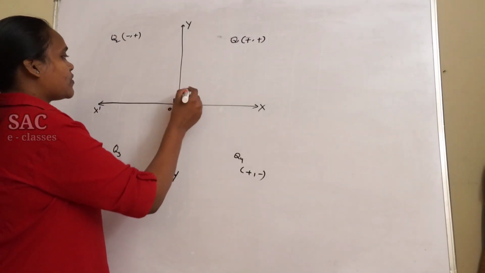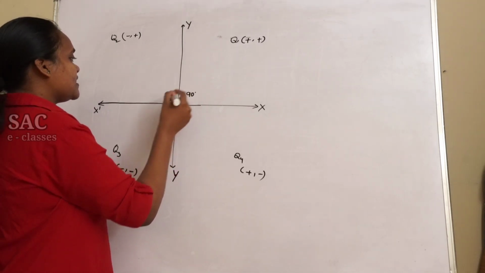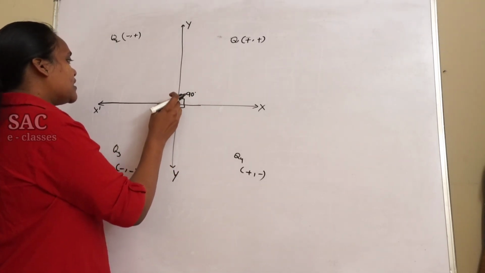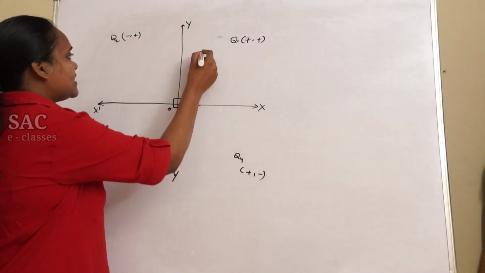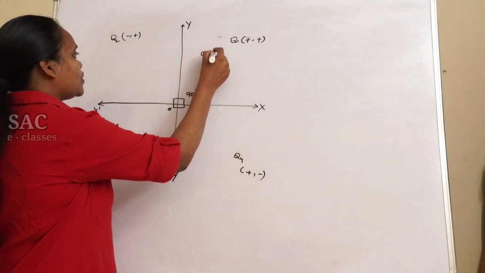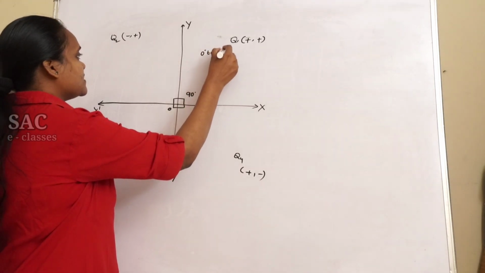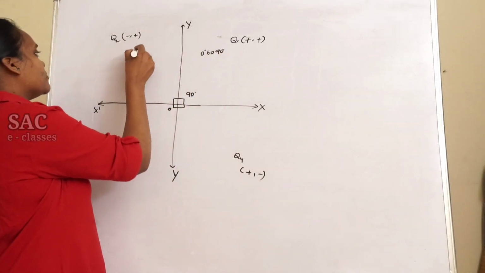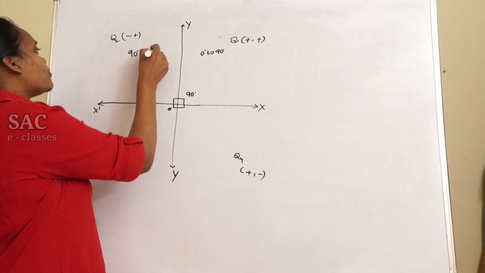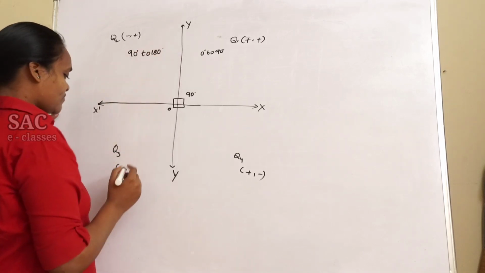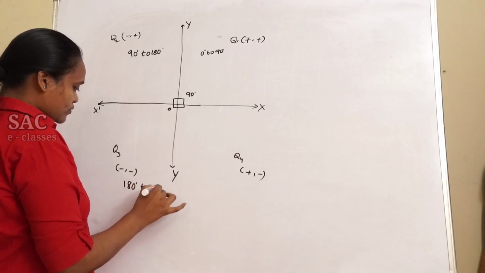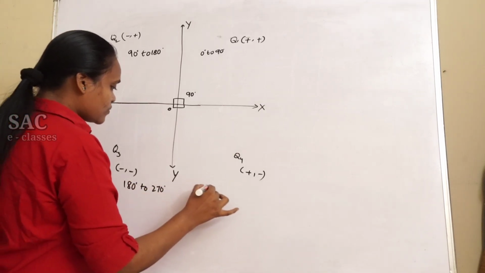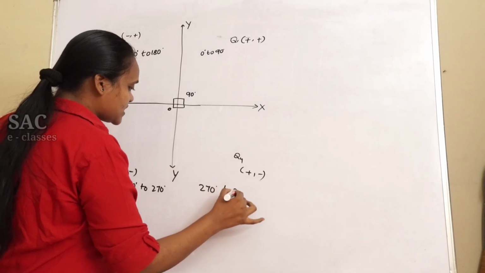That is, the first quadrant is 90 degrees, the next quadrant is a further 90, next 90, next 90. The first varies from 0 degrees to 90 degrees, the next from 90 degrees to 180 degrees, then 180 degrees to 270 degrees, and 270 degrees to 360 degrees.